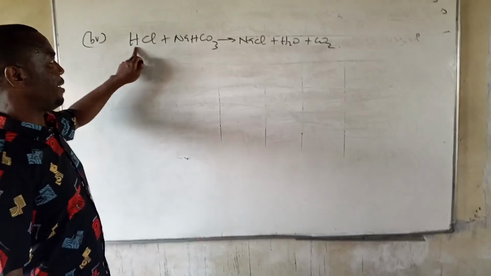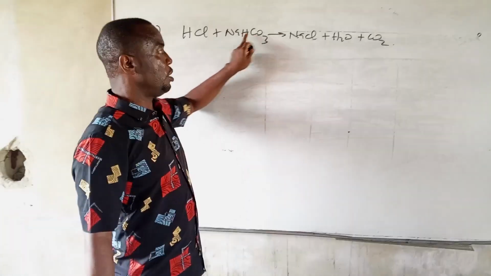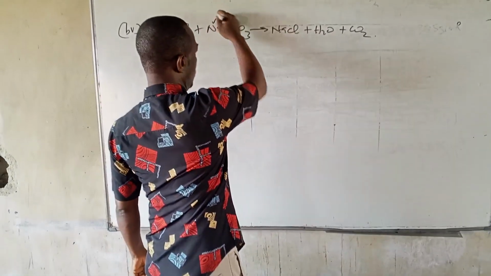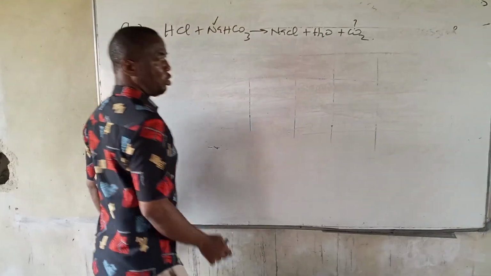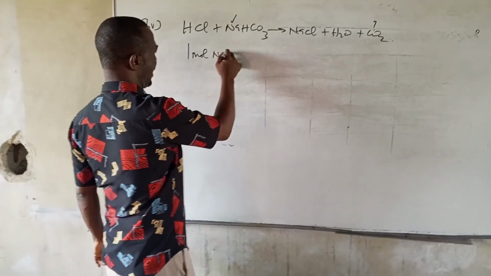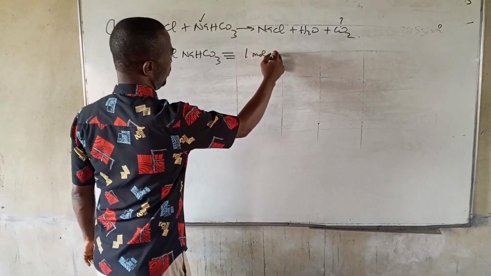You either connect the acid to the CO2 or you connect the carbonate to the CO2, any of them. So let's connect this one to CO2. We have 1 mole of sodium bicarbonate liberating 1 mole of CO2.